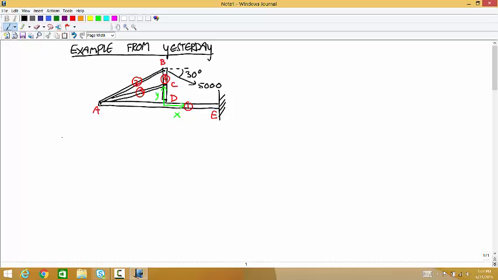Okay, so free body diagram of 1. You have a fixed joint at E, so there's a reaction force, I'll call that RE, and then a couple ME.